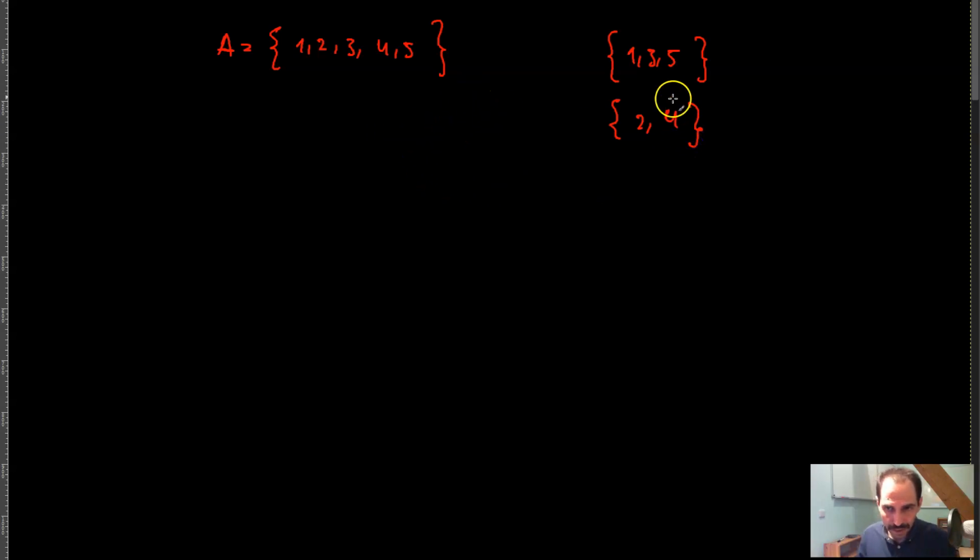So you can see that one is a subset of the set A which contains only even numbers, and the other is a subset of the set A which contains only odd numbers. Let's call this set, for example, B, and let's call this set C.